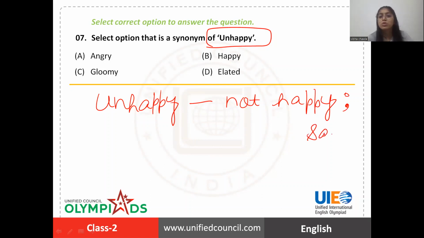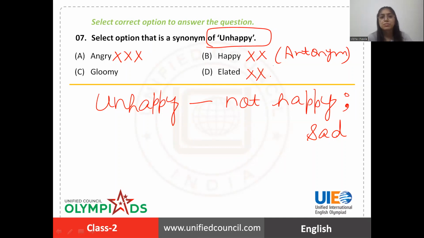So now what you need to do is find a word which means sad, which means not happy, because we have to find a synonym, a similar meaning. Angry is not the same as being unhappy. Unhappy means being sad. Angry means being furious because of something. Happy is the antonym. It is the opposite of unhappy.